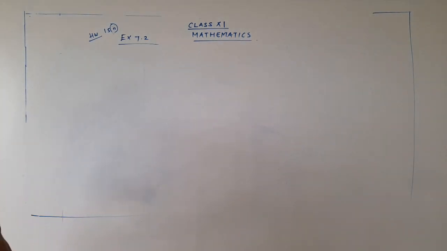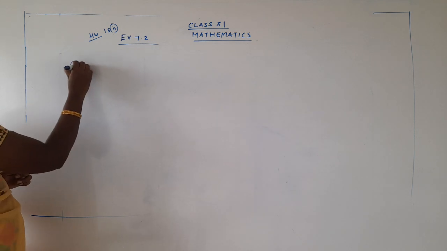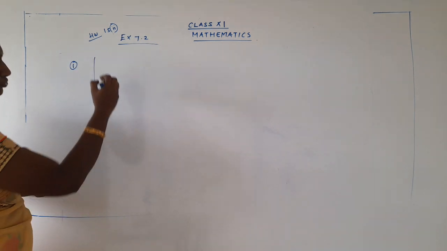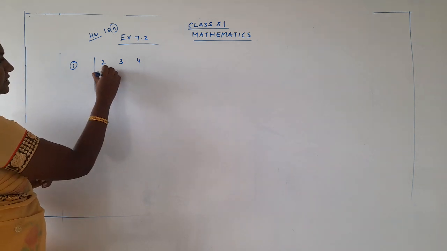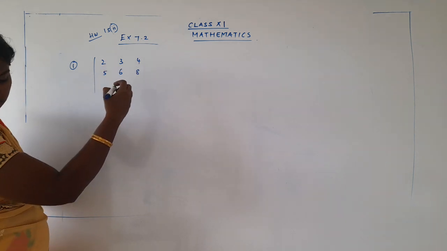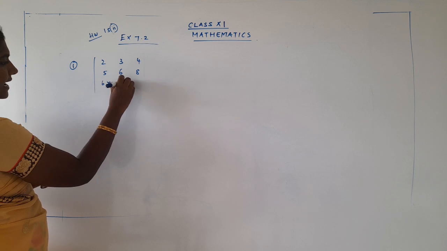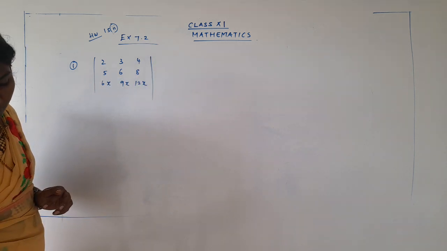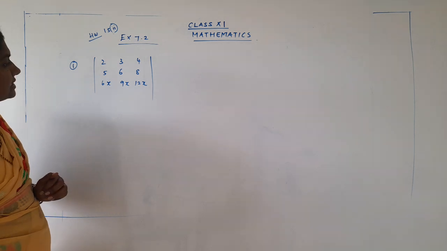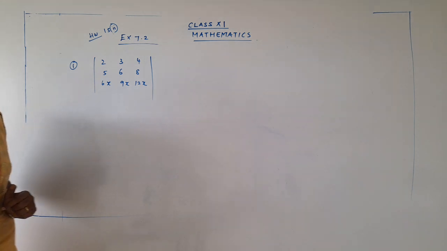Without expanding, evaluate the following determinants. The first subpart is the determinant with rows 2, 3, 4; 5, 6, 8; 6x, 9x, 12x.